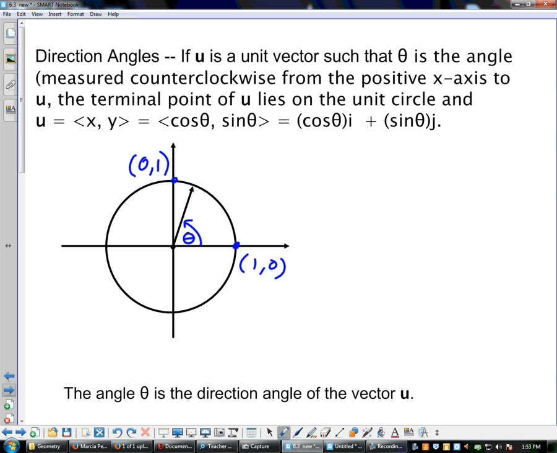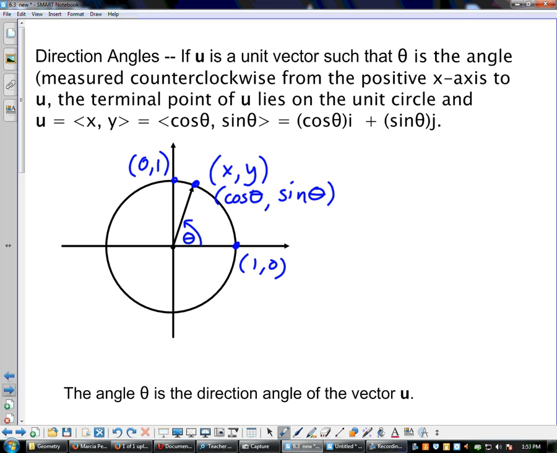This ordered pair right here, we'll just call it x comma y. And we know that x is really the cosine of theta. Agreed? And we know that y is the sine of theta. Yes?